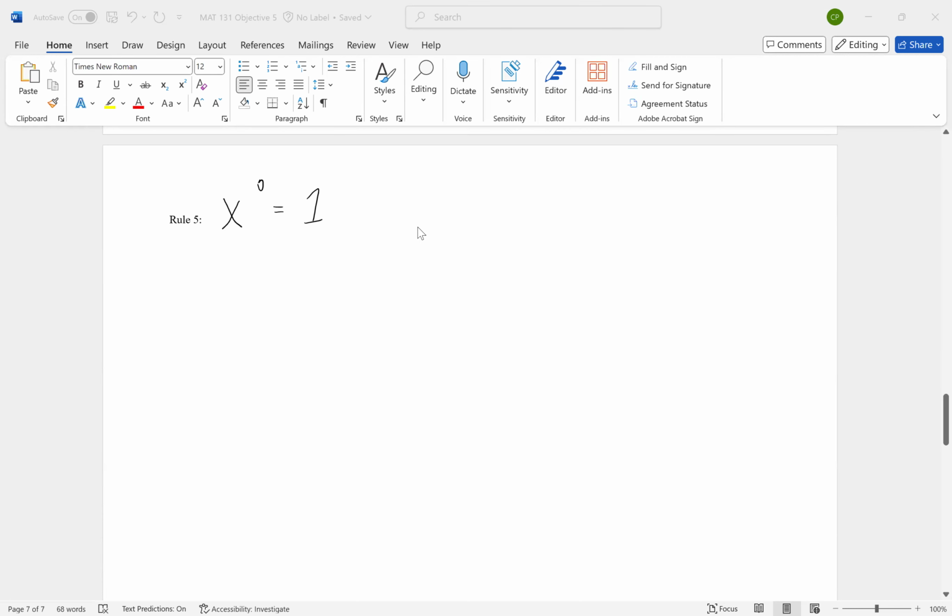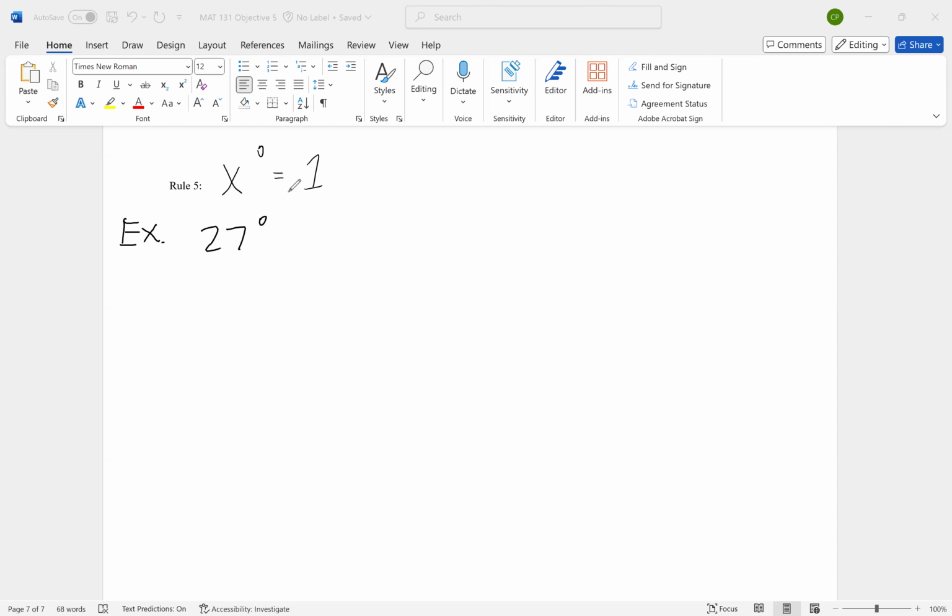Rule number 5 is x to the 0 equals 1. So with this, we want to make sure that we are being careful and paying attention to what we really have, okay?